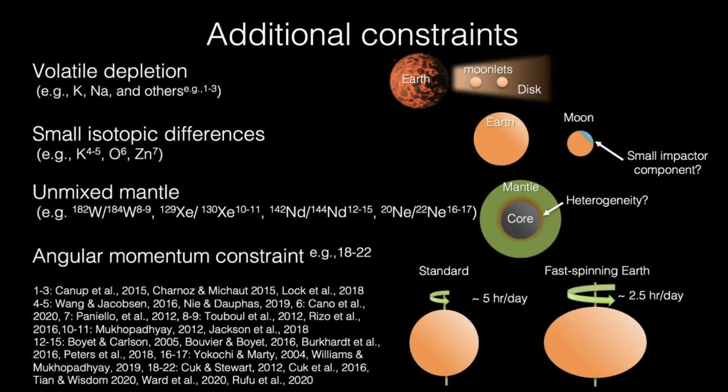So this indicates that even though the moon-forming impact was such an energetic process, it didn't completely homogenize the Earth's mantle. So this needs to be consistent with the impact model. We don't really know the location of the mantle heterogeneity, but they could have existed at the core mantle boundary.